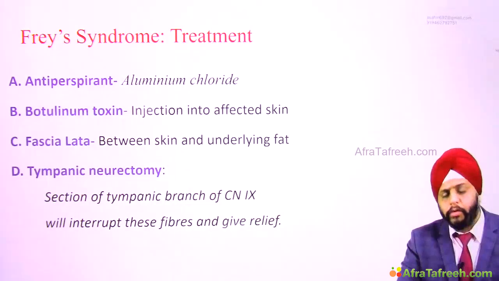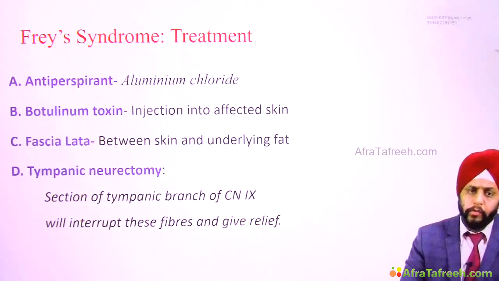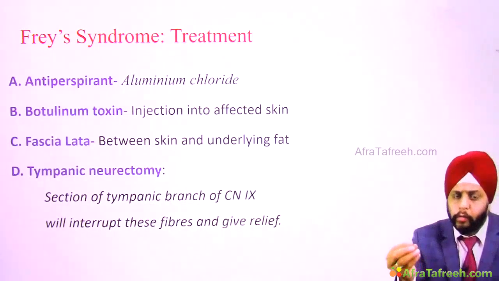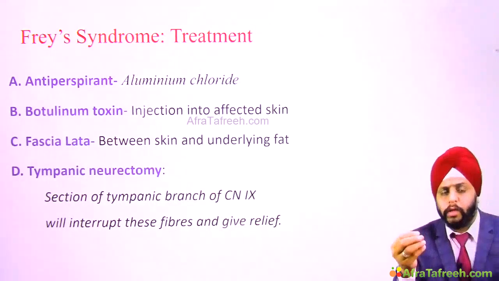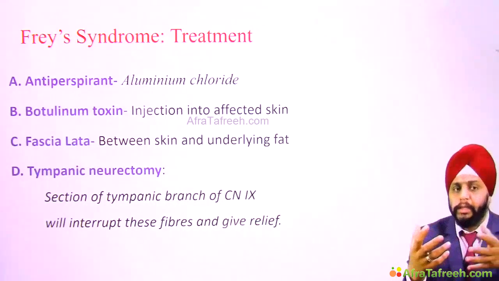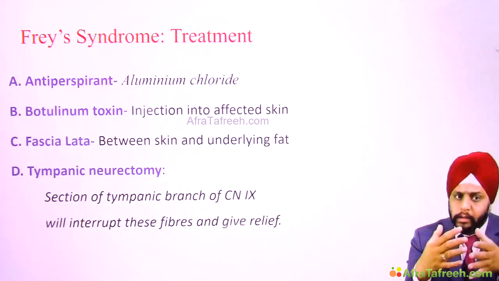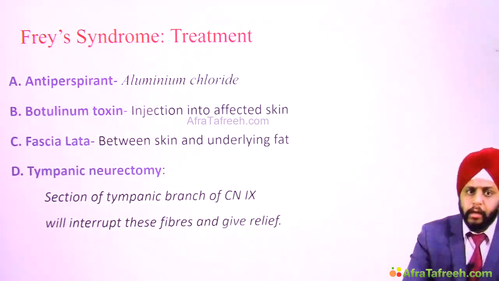Number 4, you can do tympanic neurectomy. The glossopharyngeal nerve fibers join the lesser petrosal nerve, which is coming from the facial nerve in the middle ear. So you can cut the tympanic branch of the 9th cranial nerve. Which branch?